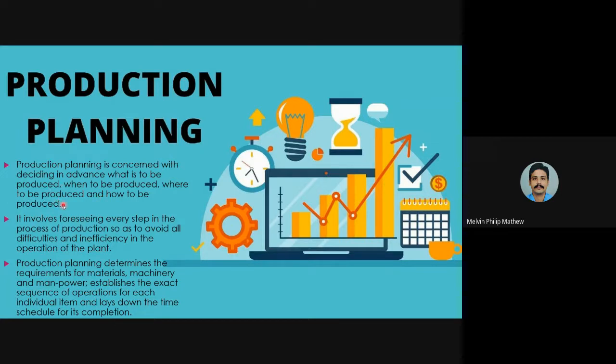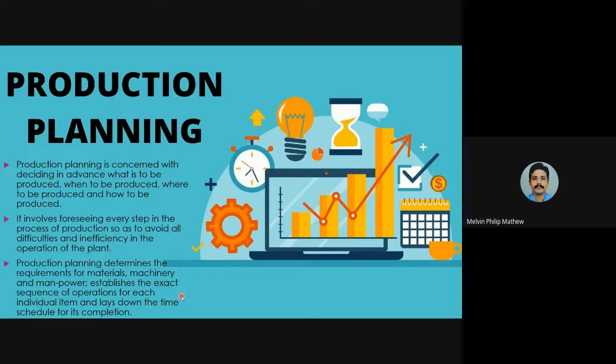And how to be produced: what are the steps to ensure the production process. These all come under production planning, and it involves foreseeing every step in the process of production so as to avoid all difficulties and inefficiency in the operation of the plant.